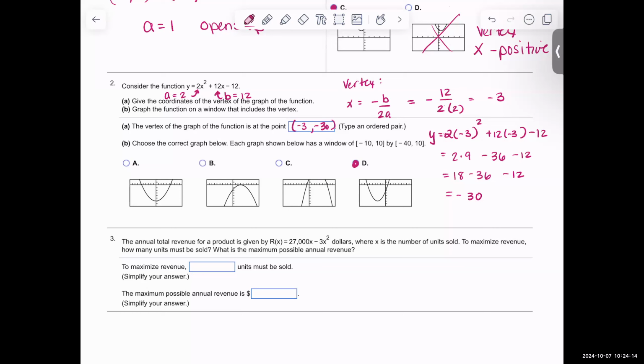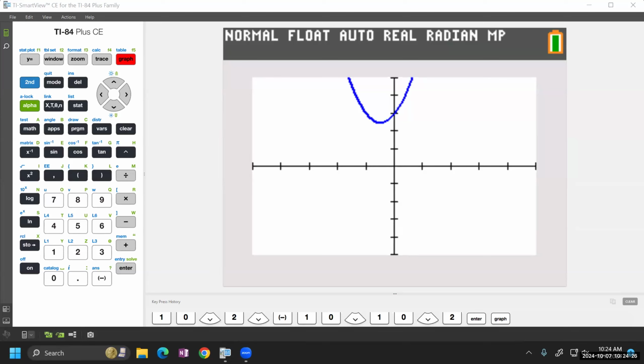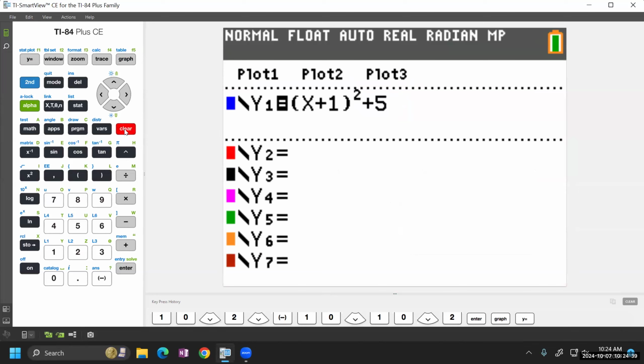It's practice. Let's go ahead and graph it. Okey-dokey. Graph what I have in there. What do we have? 2x² plus 12x.